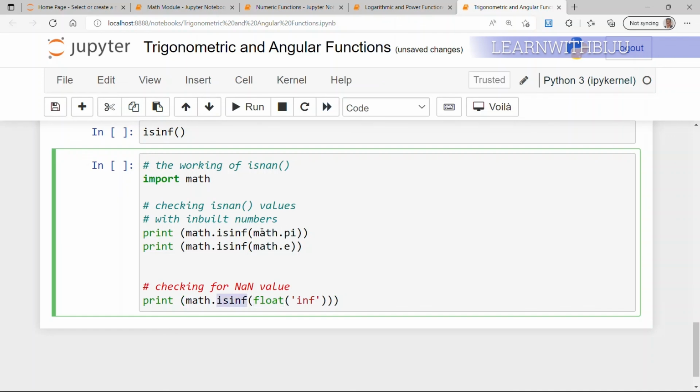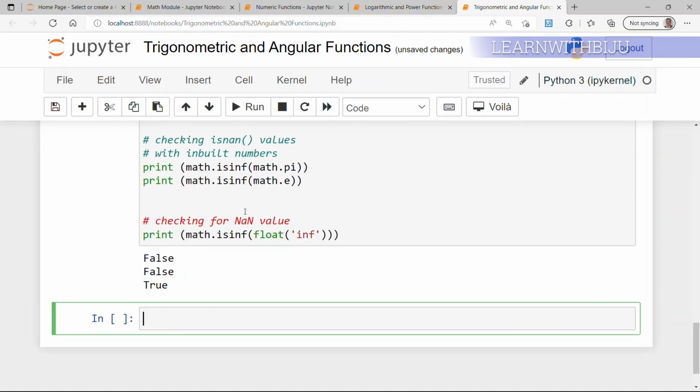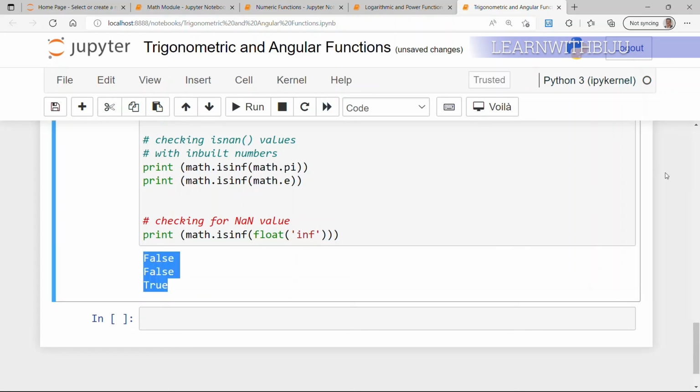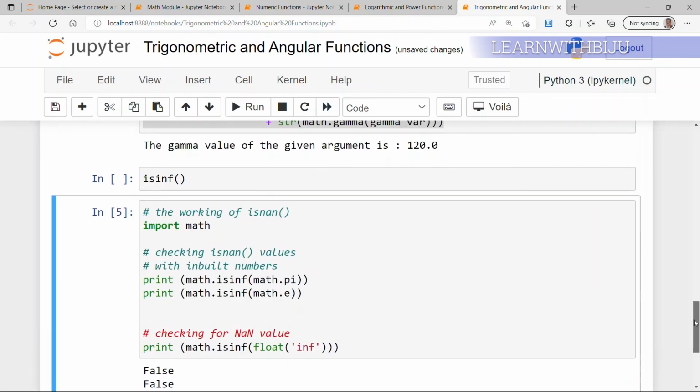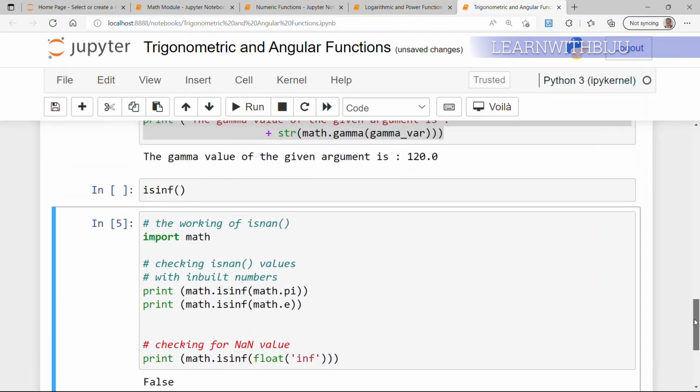But the pi value should not be infinity and the e value should not be infinity. Yeah, you see the first two are not infinite, but the last one is infinite. Okay, so the function we have, isinf, is the function which is checking whether the value is an infinite value.